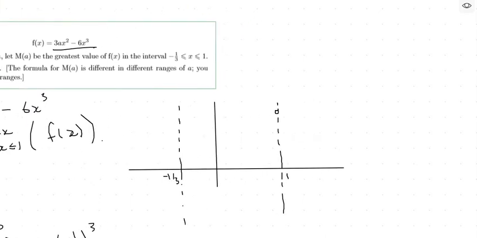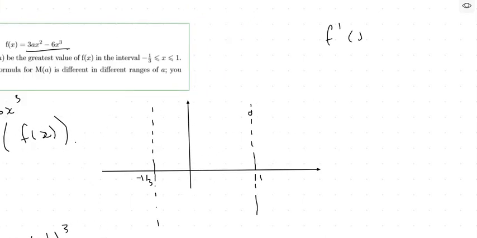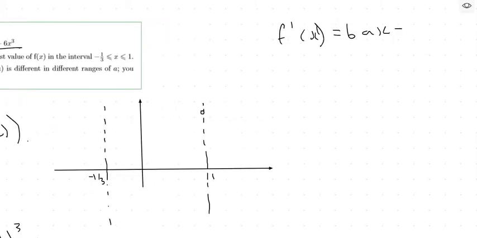Well, we are going to differentiate f and set the gradient to 0. So f dash of x is equal to 6ax minus 18x squared.